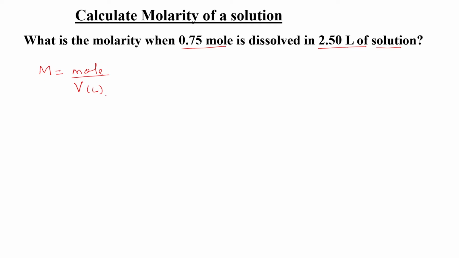Moles are given, and volume is given in liters, which is the unit we need. So we don't have to do any unit conversion. We can simply plug in these numbers in the formula. And the molarity of this solution is 0.30 molar. Two sig figs is what we need in our answer.